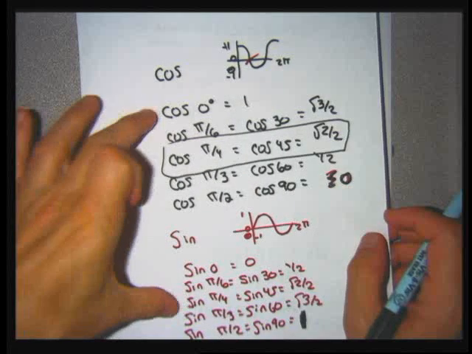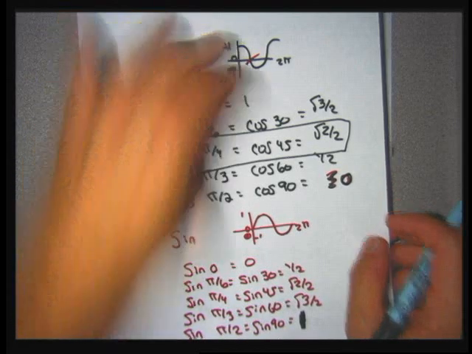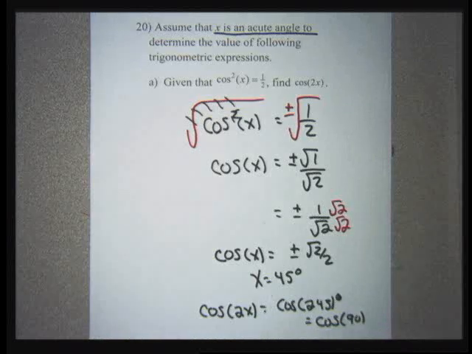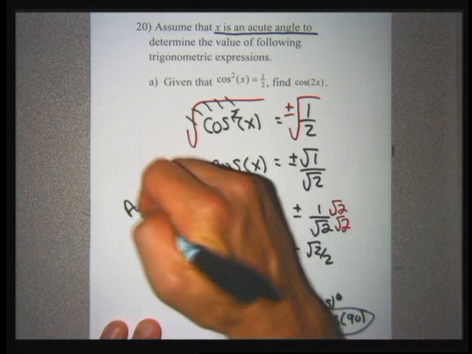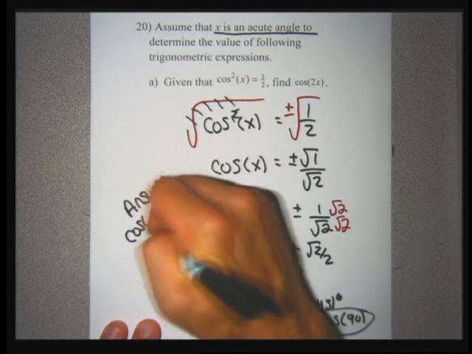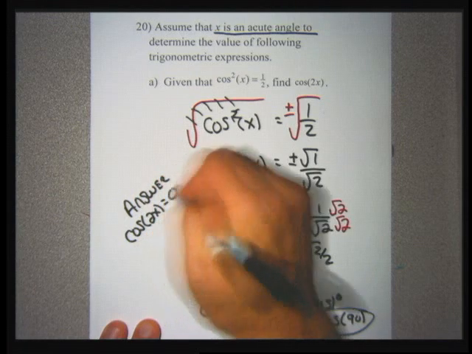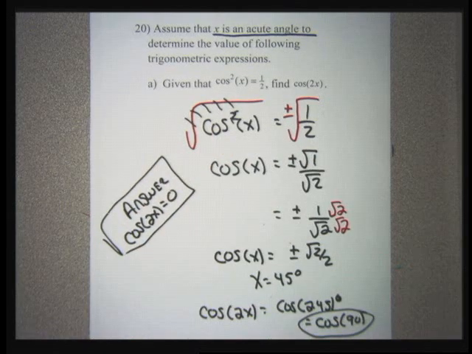So these are things, if you don't have them memorized or can't get them from a unit circle or a basic graph, then you're going to stumble through the trig questions, and that just will be what it is. So my answer is the cosine of 90, and the cosine of 90 is 0. So the answer to this is the cosine of 2x equals 0. It's kind of a monstrous way to jump into trig, so sorry about that, but that's what they do on the Accuplacer. They just kind of jump into some tough things.